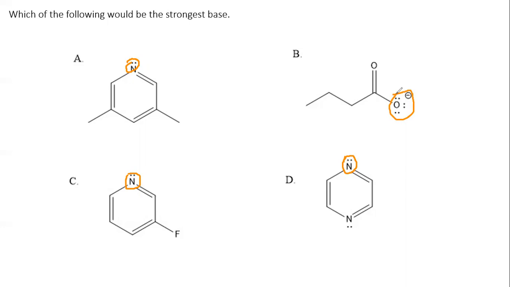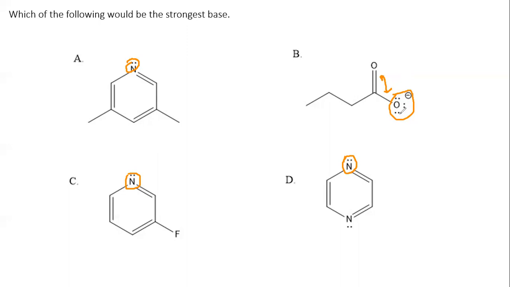Now, you may say, well, oxygen's more electronegative. It's going to be more negative. But here you've got to remember that for this oxygen, there is resonance in the structure. So what that resonance does is it spreads out this negative charge.